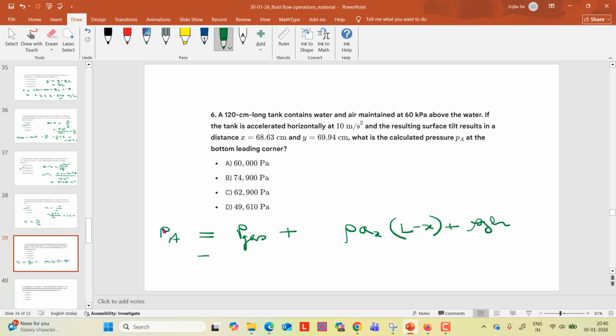So you can calculate 60 kPa, this is 60,000 pascal. Rho is 1000.